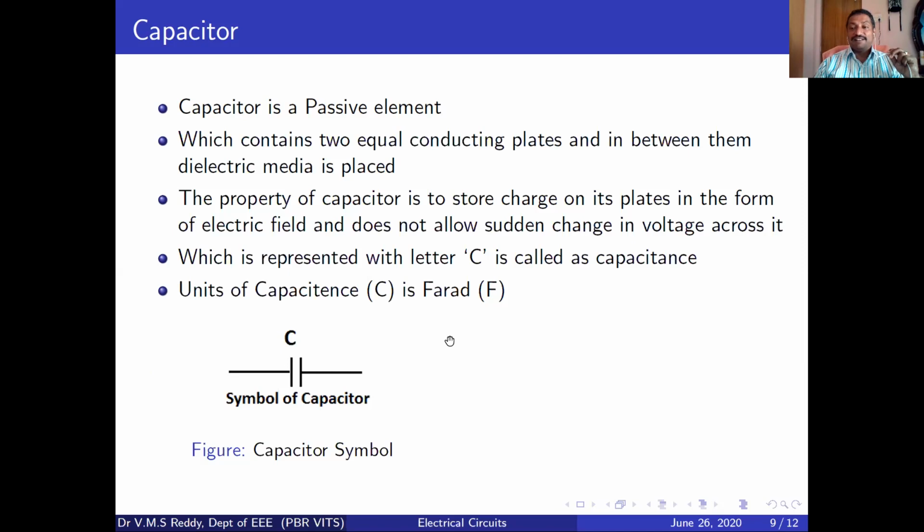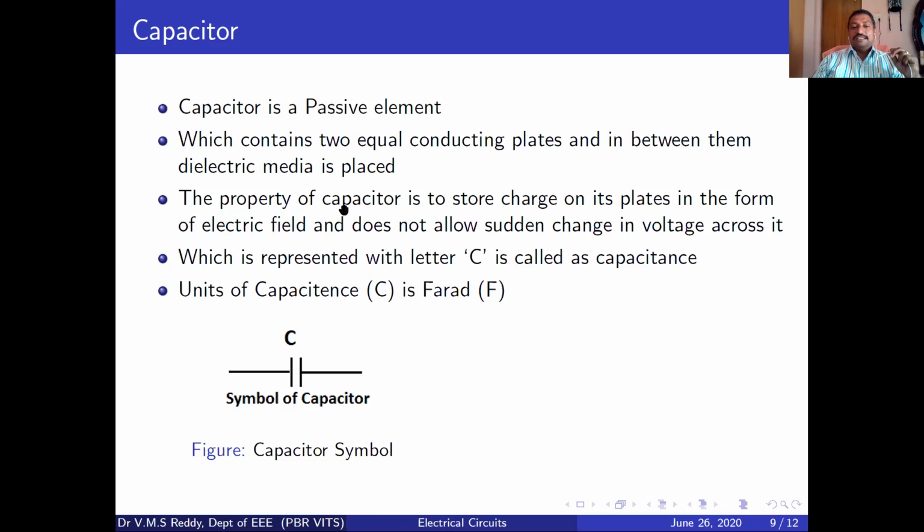So remember, again I will clarify: take two equal lengths of conductor, connect them, place the dielectric media between them and close the top and bottom, then automatically that element becomes a capacitor. It contains two equal conducting plates, and between them dielectric material is placed.